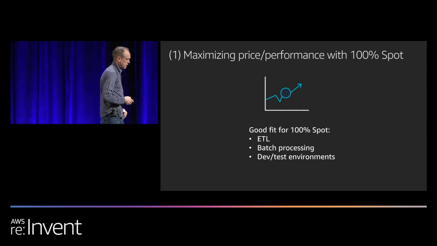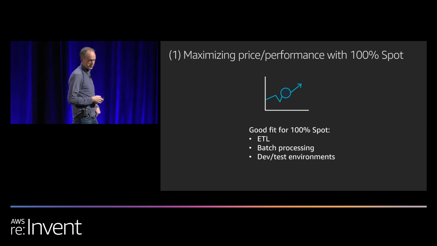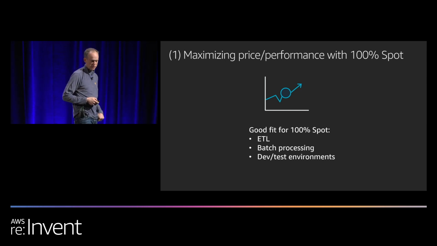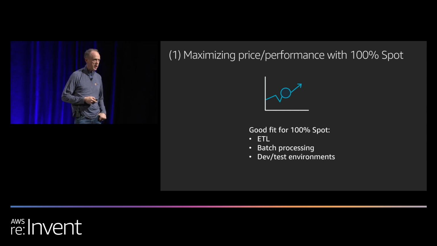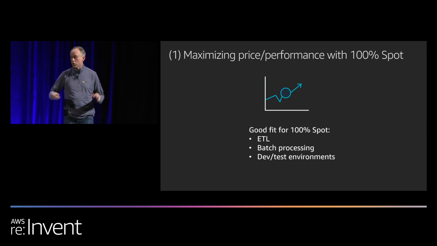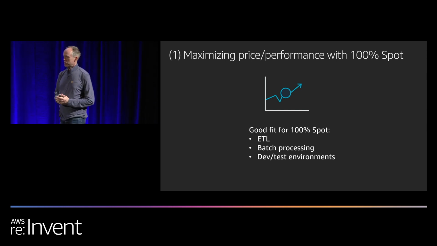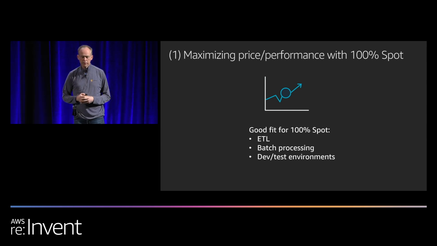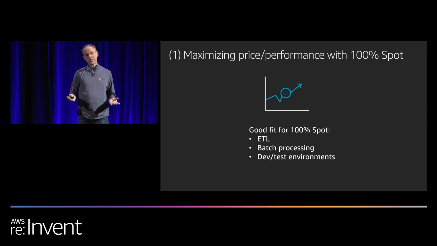There is an easy short circuit that you can do in this process, which is certain workloads should just run 100% on spot. There's no reason not to for certain types of workloads. Other workloads might not be as good of a fit to run 100% on spot. So what's good for 100% on spot is anything where you would be okay temporarily not having some compute capacity.